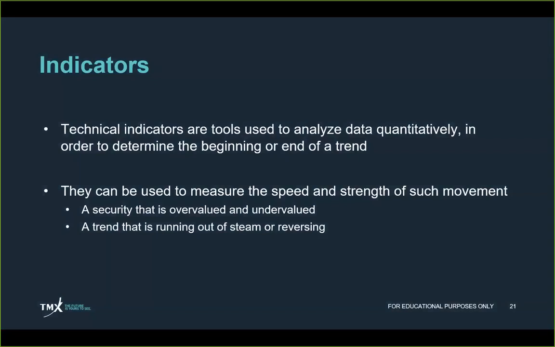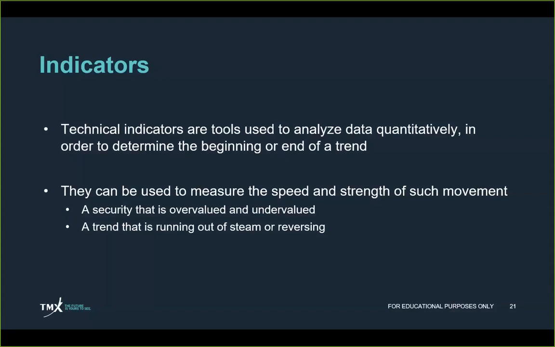Indicators, often referred to as lower indicators because they're added below your price chart, take a number of different details from the price action and then create what's known as an oscillator that can provide supportive signals to a directional bias. They can be used to measure the speed and strength of such movements.